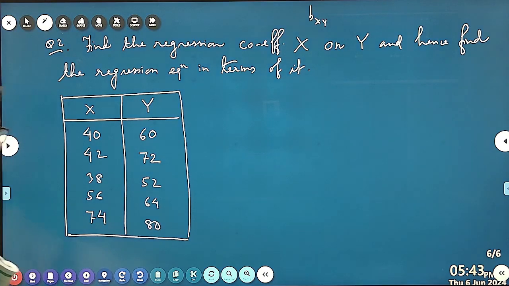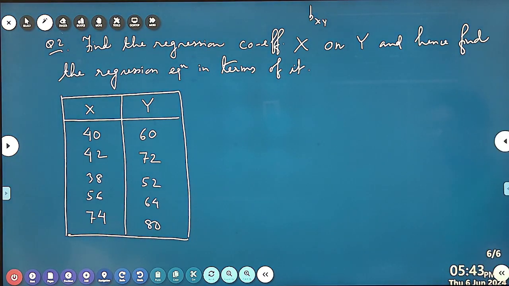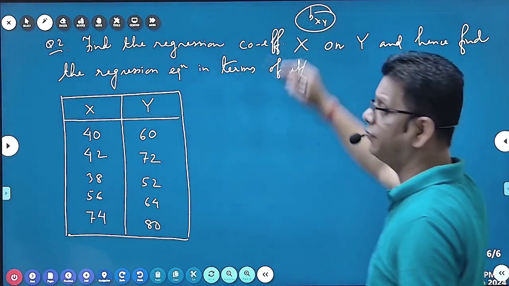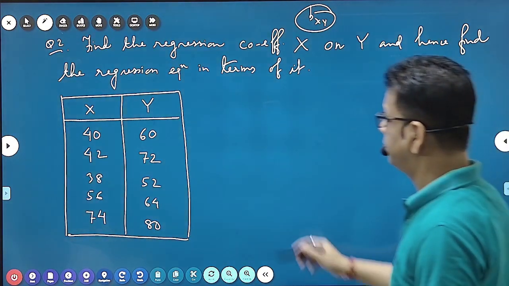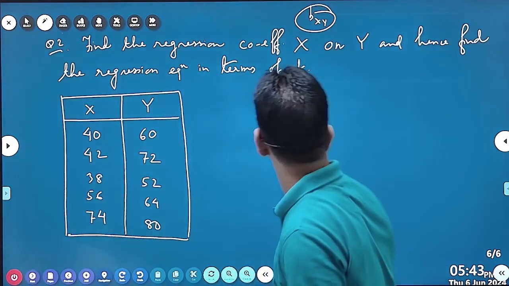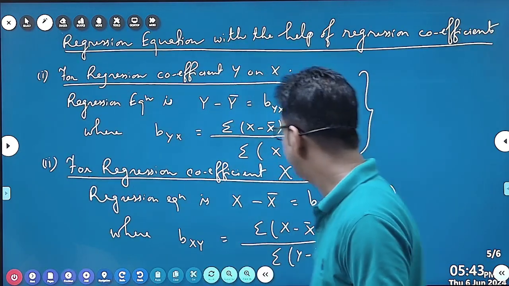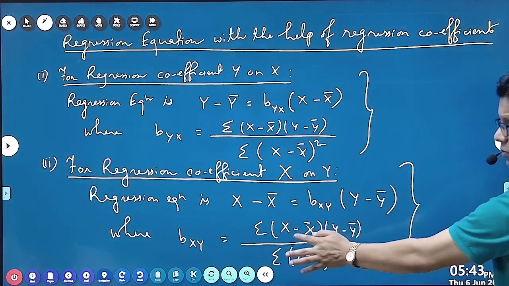This is the question. First you have to find the regression coefficient x on y, which I said is b of xy. Tell me the requirements as per the formula of the regression coefficient x on y. So as per the requirement, what should be the columns?